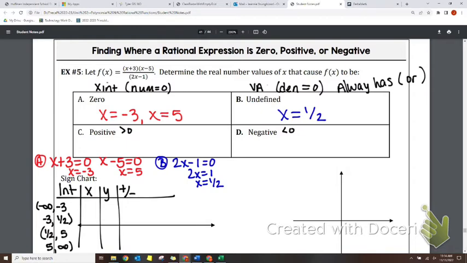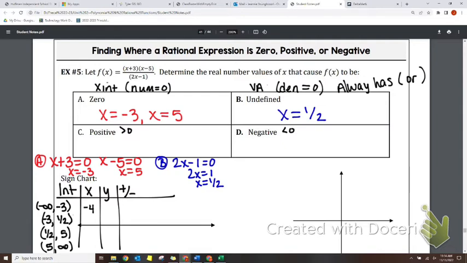Now, your x-intercept will depend on what your inequality is. Here, they didn't give us an inequality in the problem, but we're looking for where it's positive, which is only where it's greater than 0, and where it's negative, only where it's less than 0. So it's not equal to on either one, so we're going to use parentheses on both of those. If it had been greater than or equal to, or less than or equal to, we would use brackets on the negative 3 and the 5.